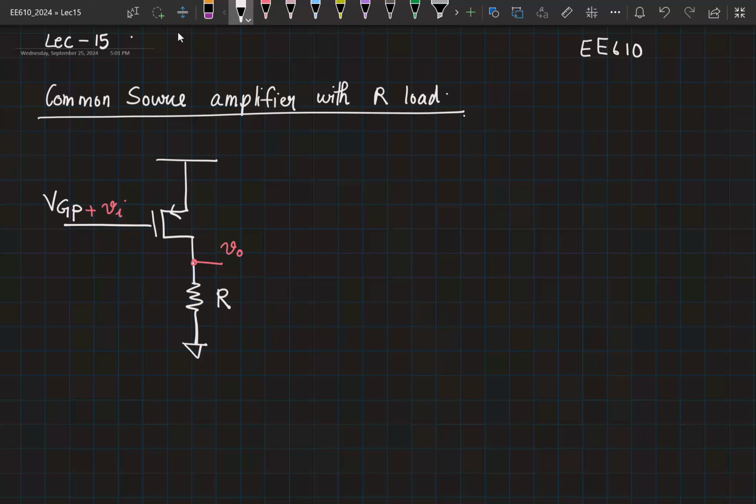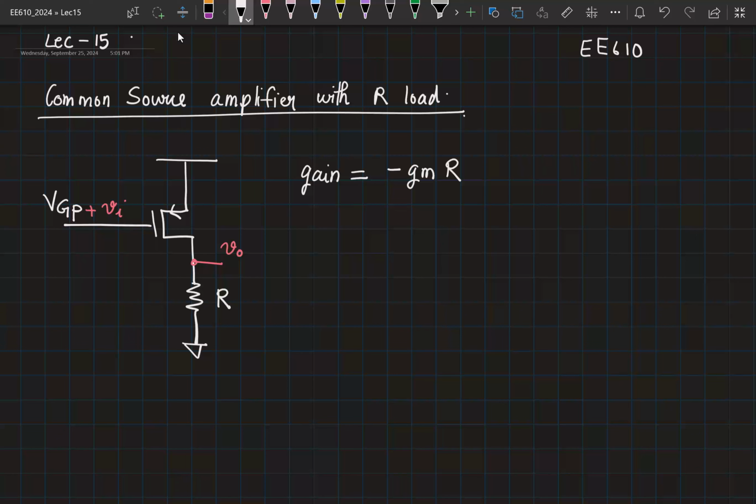What is the expression for the small signal gain? It's a common source amplifier. It should be gm R, right? So negative sign also, it is minus gm R.